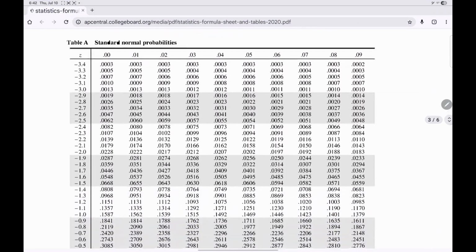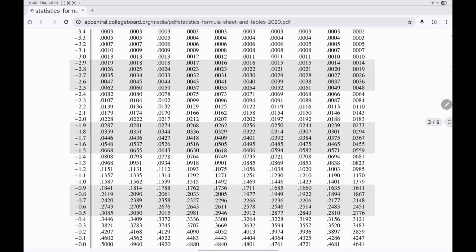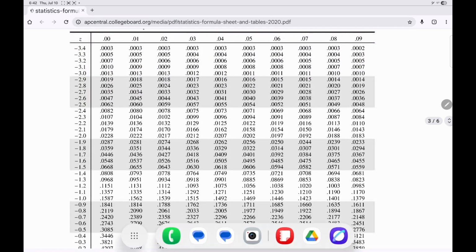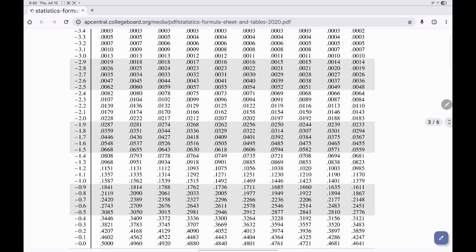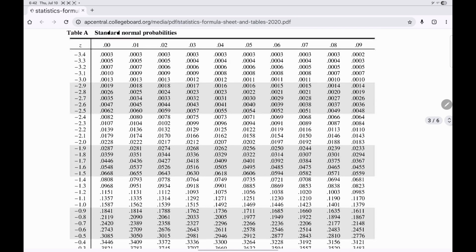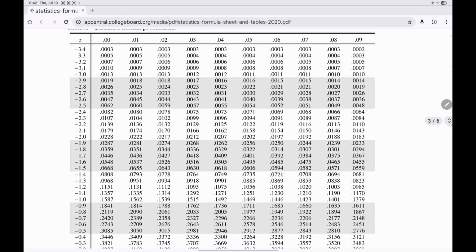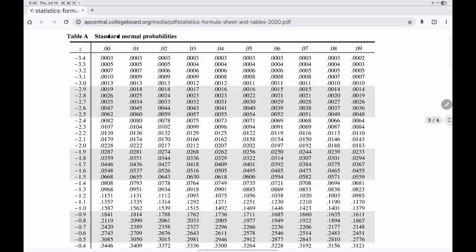If we go to negative 1.9, and the decimal 0.91, so negative 0.91, that's going to be 0.1814.